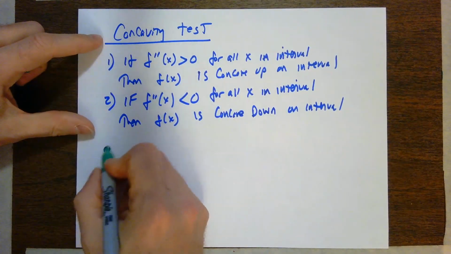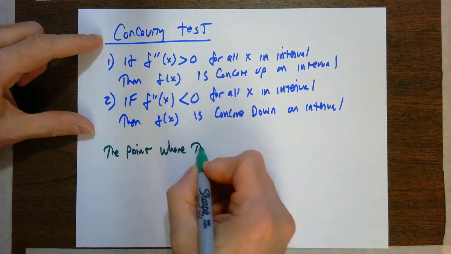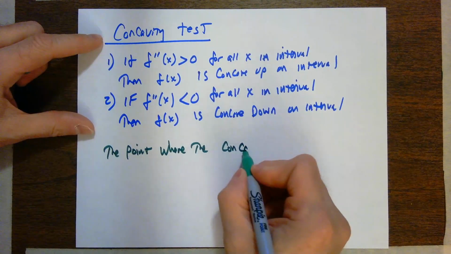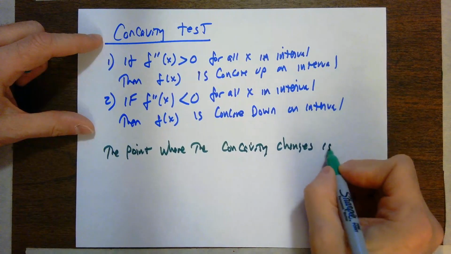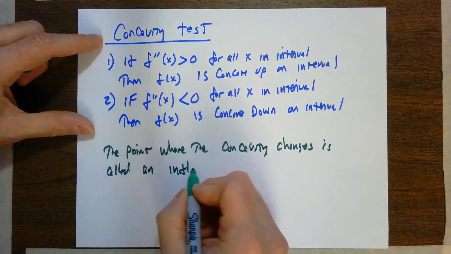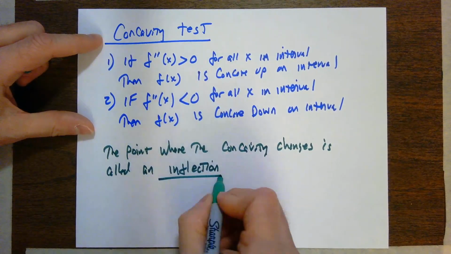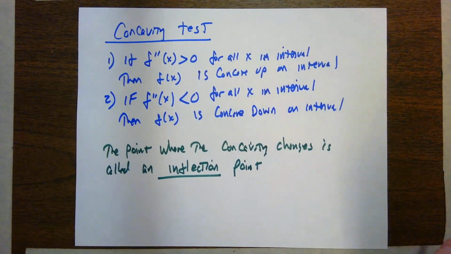The point where the concavity changes is called an inflection point. So if I change from concave up to concave down, or from concave down to concave up at some point, that point is called an inflection point.